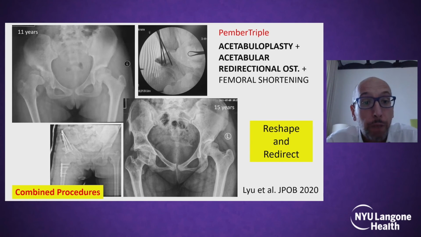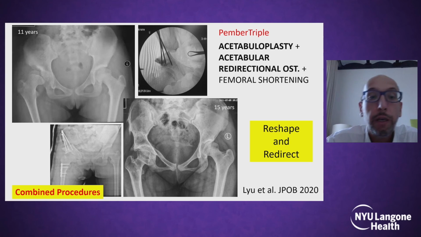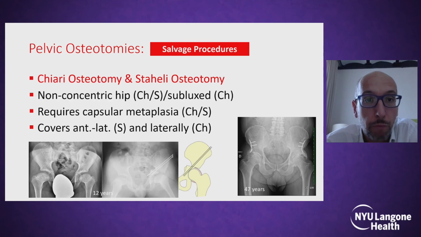Among the combined procedures, as I mentioned, the Pemberton triple is an acetabuloplasty in association with an acetabular redirectional osteotomy. This technique, together with a femoral shortening, these radiographs belong to Xue-Min, can reshape and reorient the acetabulum. However, being a quite powerful technique, it carries the risk of creating some impingement after the surgical correction.